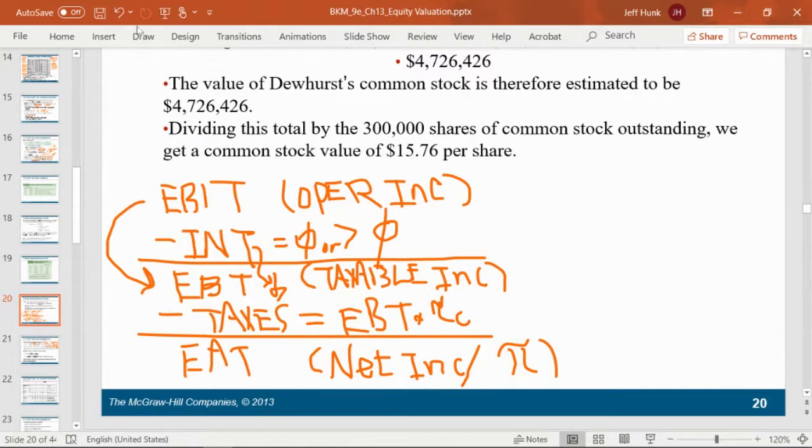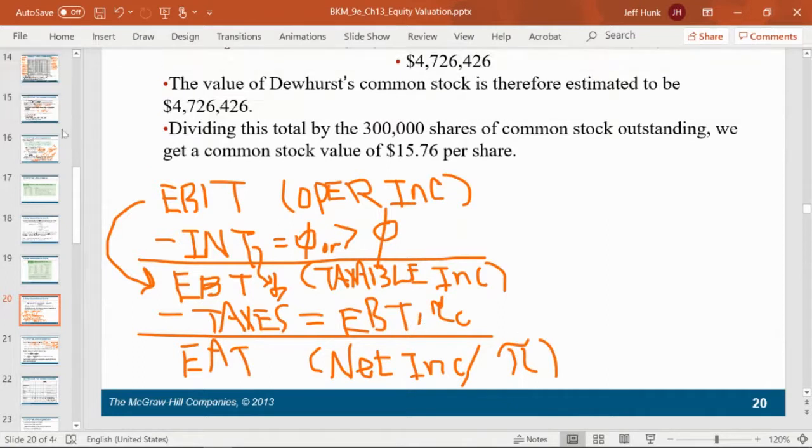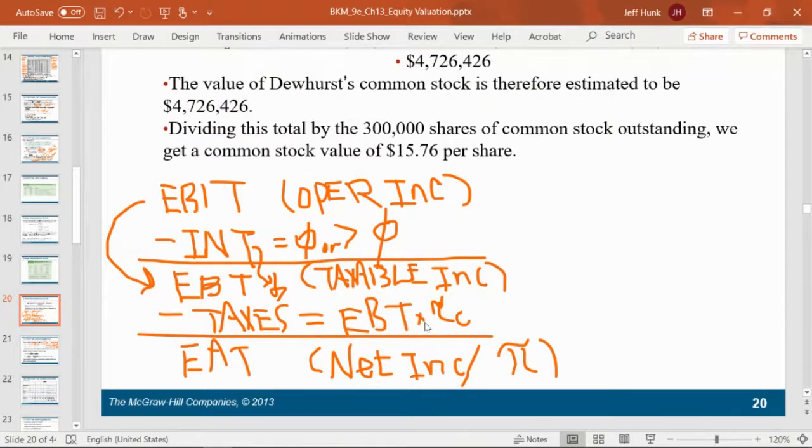So it's obvious, right? This is what they mean by tax deductible. Interest is tax deductible.